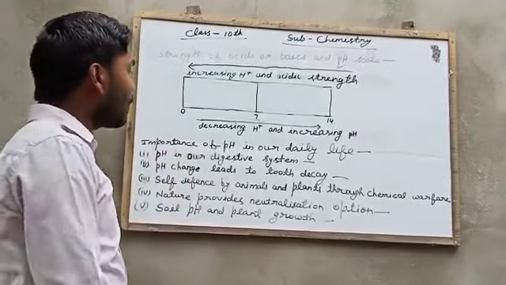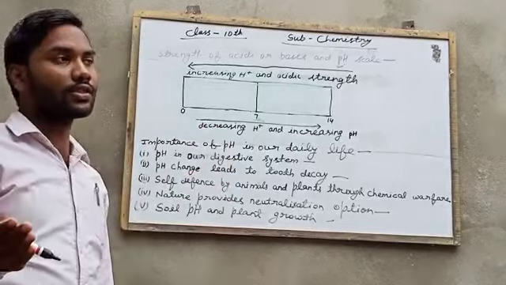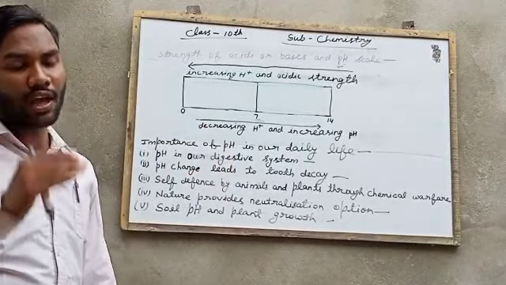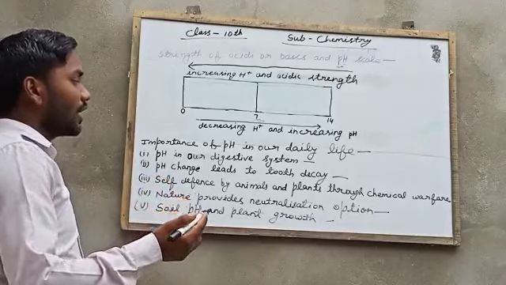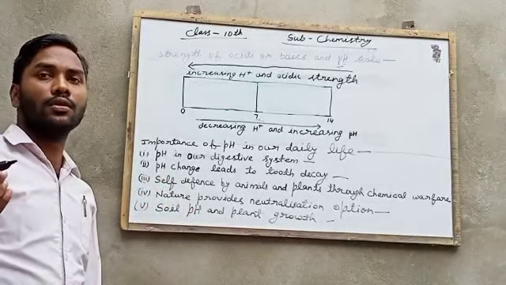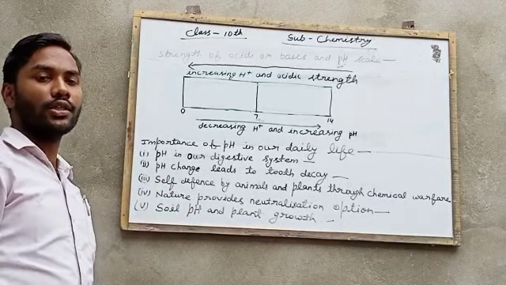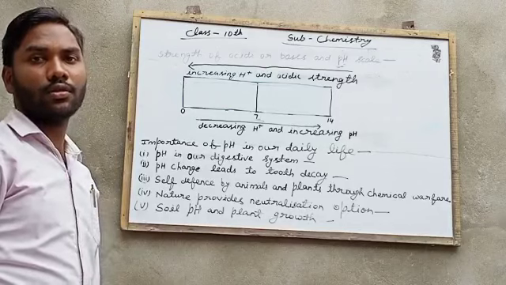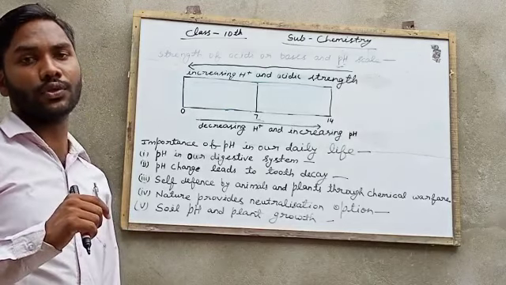So, the importance of pH in our daily life. The pH has value in our life also. First of all, pH in our digestive system. Our stomach produces hydrochloric acid, which is very helpful in the digestion of food.